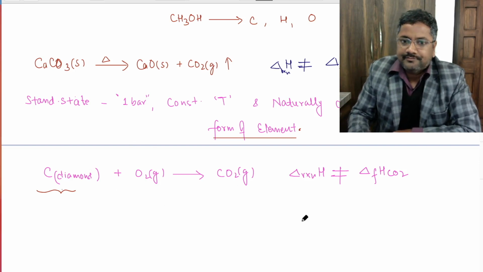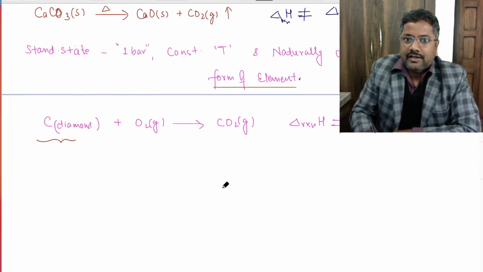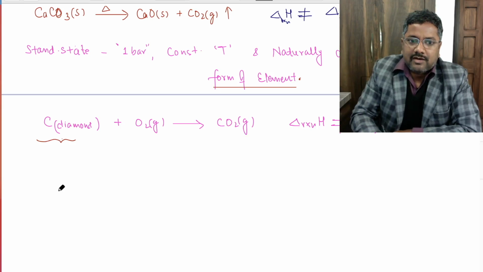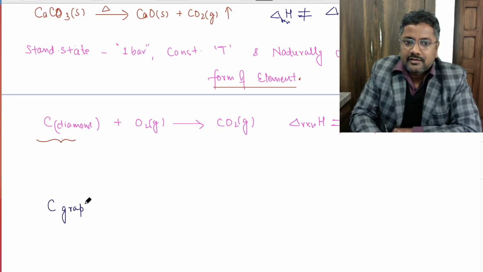Now when you take the naturally occurring most stable form of carbon, that is carbon graphite. This time you have taken carbon graphite, but here in place of O2 you have taken O gas.